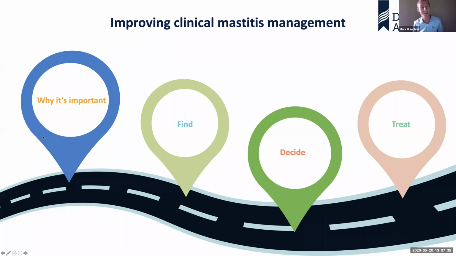So what I'm going to cover today is the importance of clinical mastitis management. We understand that there is a lot more awareness and sensitivity around the use of antimicrobials now. We also understand that mastitis is the number one reason why cows are treated with antibiotics. And after infertility, mastitis is the number one reason why cows leave the herd.